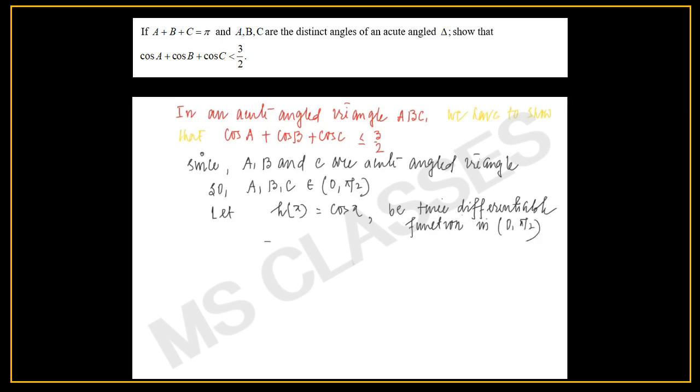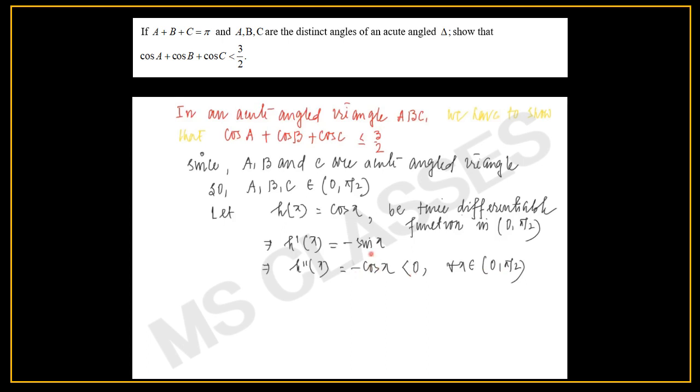Now, after that, we can just go on differentiating and we can see what happens: minus sine x. And if we differentiate once again, it is minus cos x. Now, this will be definitely less than 0 for all x belonging to (0, pi by 2), because if we take any acute angle, cos is positive and with minus in front, this will be definitely negative.